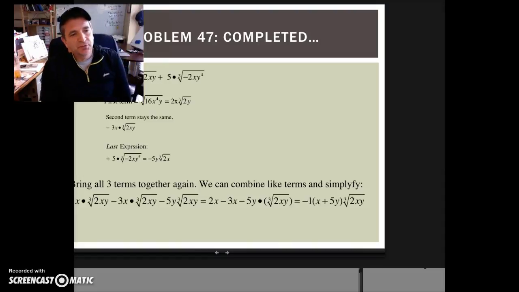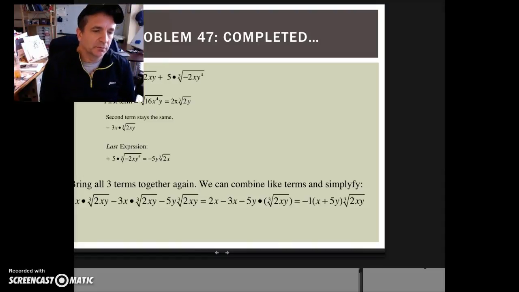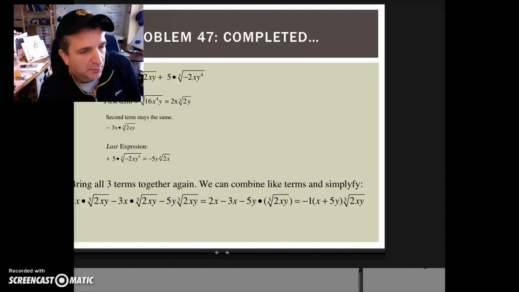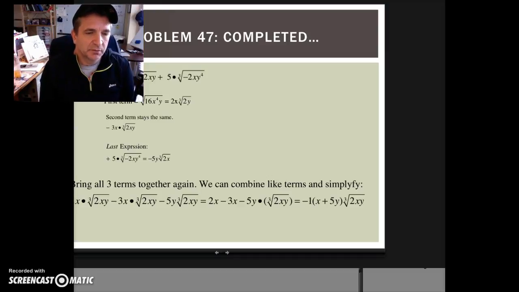So if we put all these terms together, almost done here, a lot less than 15 minutes, but bring all the three terms together, and we can combine the like terms and simplify. Now, like I mentioned, that got chopped off there, but that's a 2x in the front. Cube root of 2xy minus 3x times the cube root of 2xy, and minus 5y cube root of 2xy.